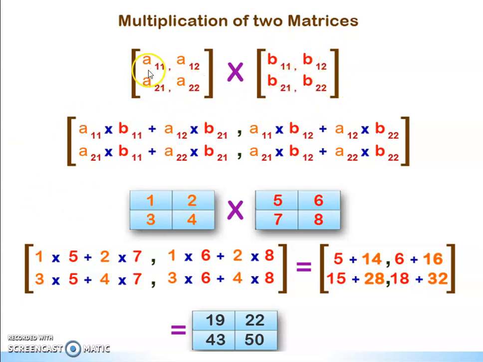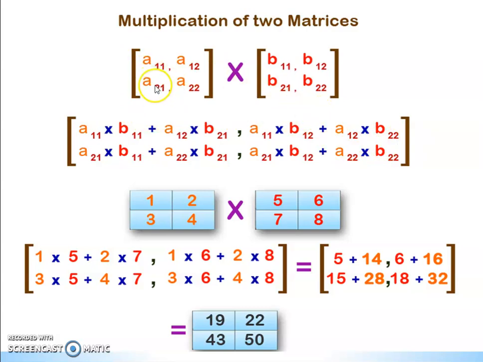So first, try the first row and first column: a11 into b11 plus a12 into b21. So we should write here. Next, first row and second column: a11 into b12 plus a12 into b22.